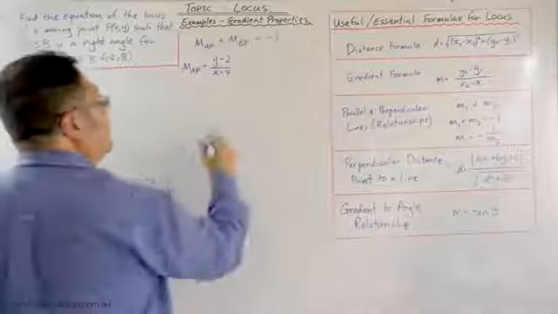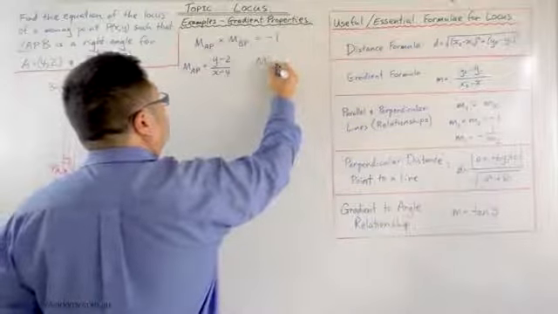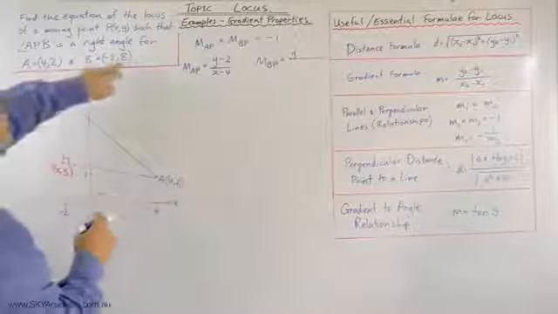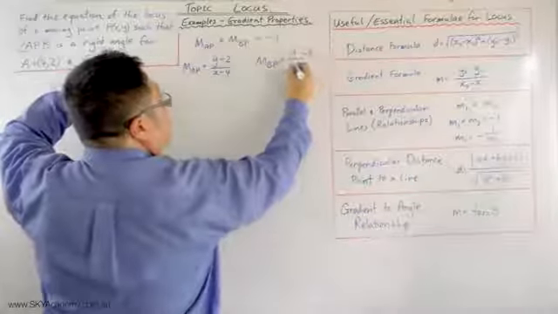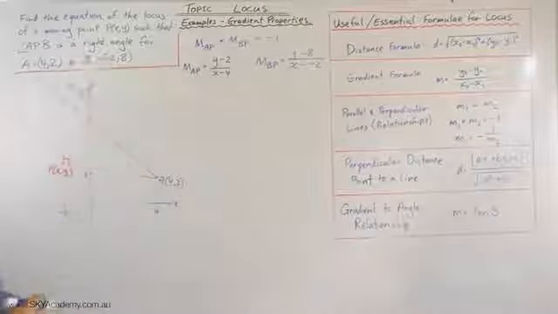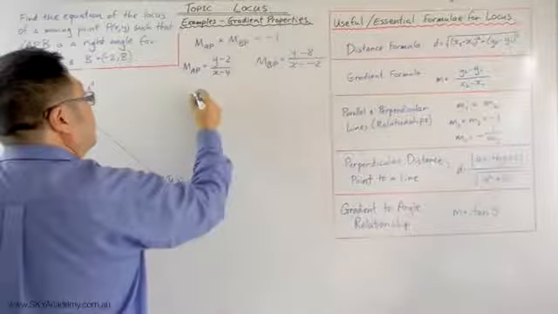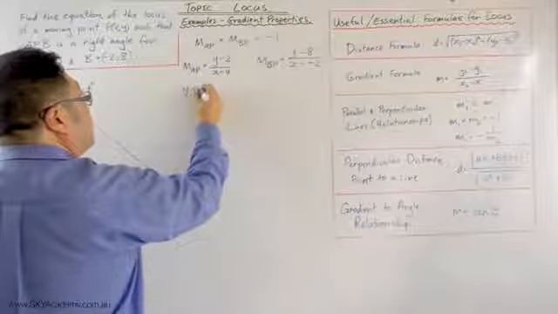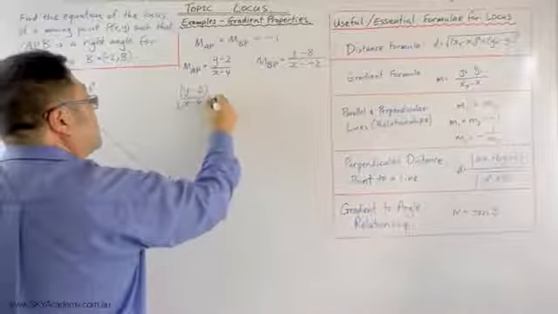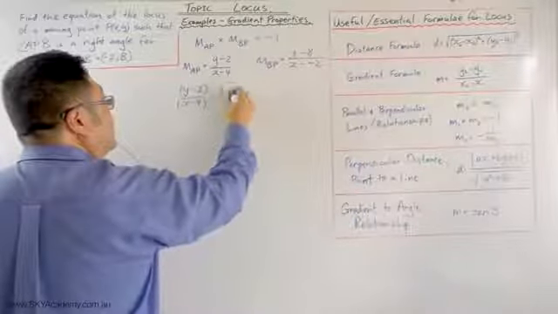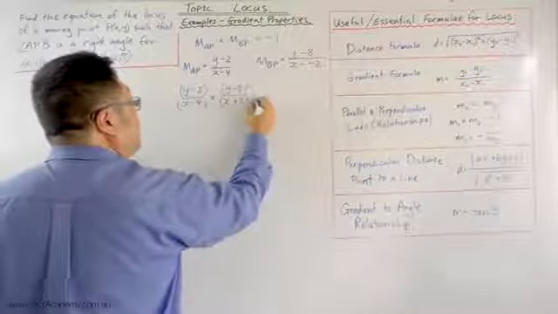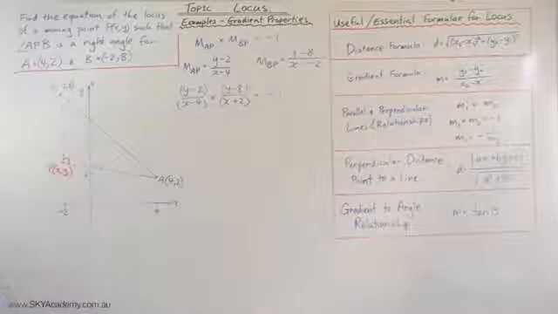Now the gradient of BP is going to be y minus 8 over x minus negative 2. So you've got y minus 2 over x minus 4 times y minus 8 over x, and this minus and minus make a plus, plus 2, and that's going to give us minus 1. Do you see that?